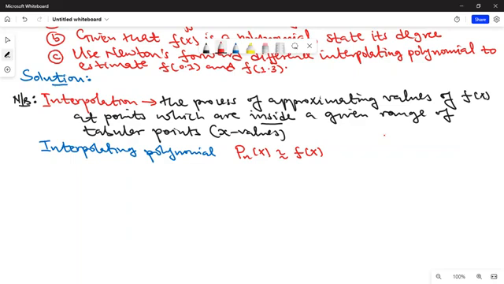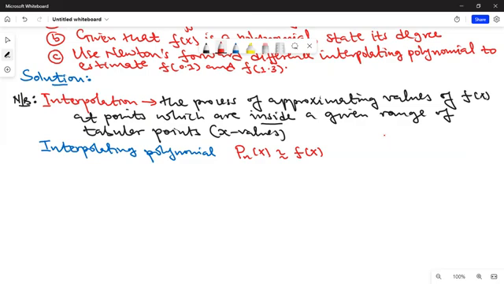Another use of interpolation is to replace the function f of x by the interpolating polynomial Pn of x, so that many common operations such as determination of roots, differentiation, and integration, which are intended for the function f of x, can be applied on the interpolating polynomial Pn of x.